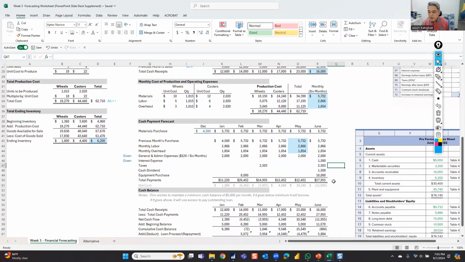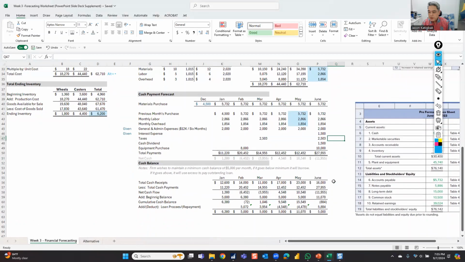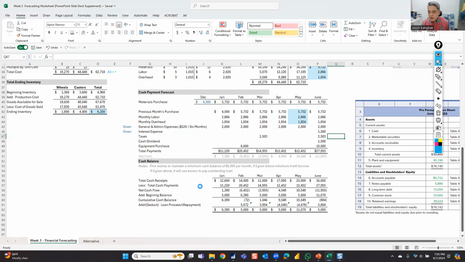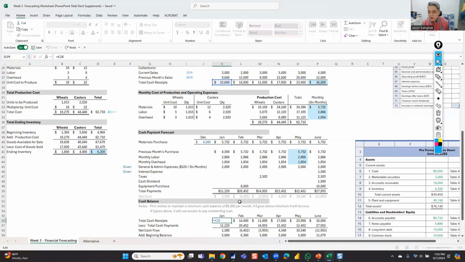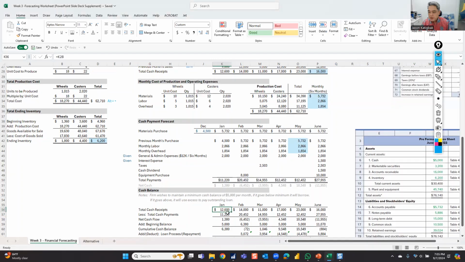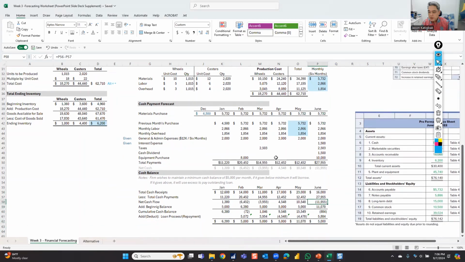Okay, so it's the same. I just had it in Excel so you can see it now. So total cash receipts, I just pulled it up from our original schedule. And then the total cash payments deducted, which is actually our cash payment forecast. And then that's the net cash flow. And then now you have negative 11,955 in June.